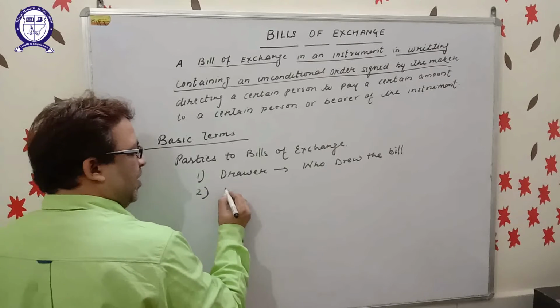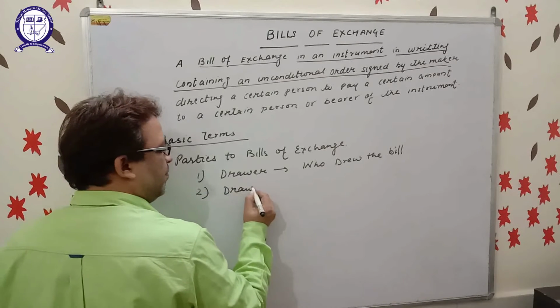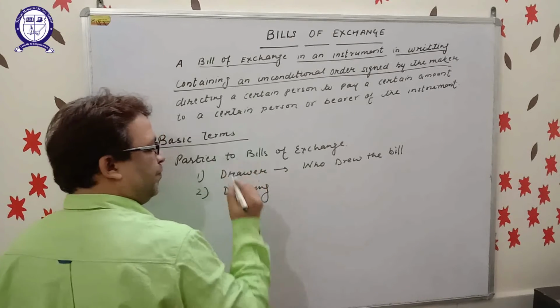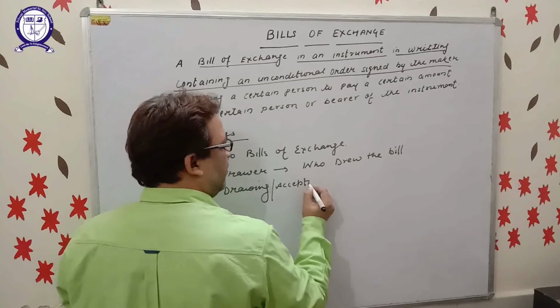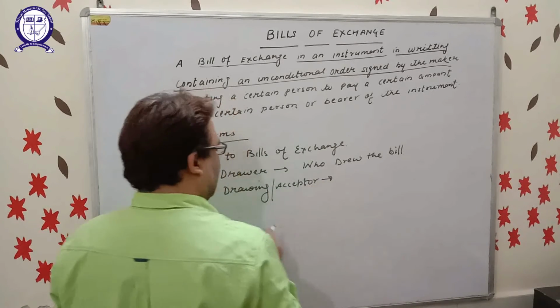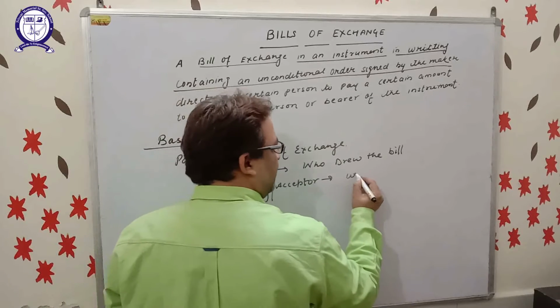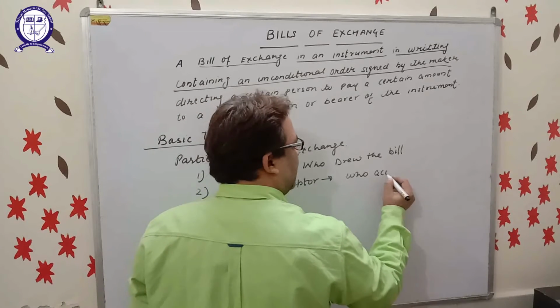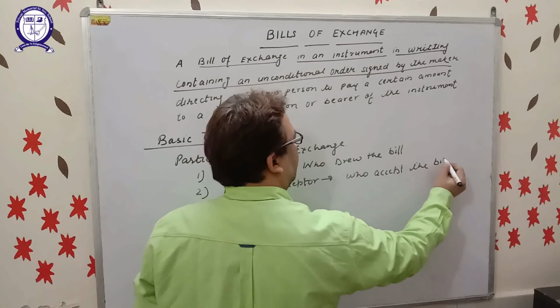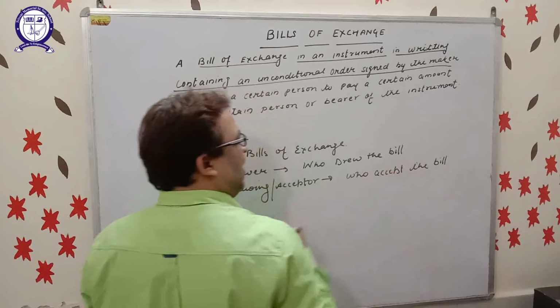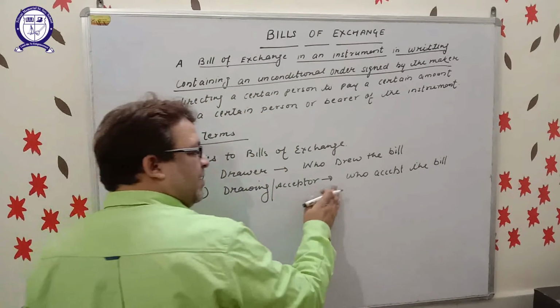Second point, drawee or acceptor. Acceptor is the person who accepts the bill, who signs the bill. He is our debtor.